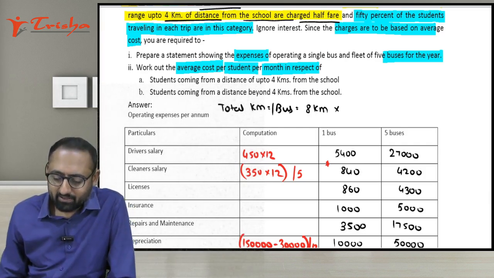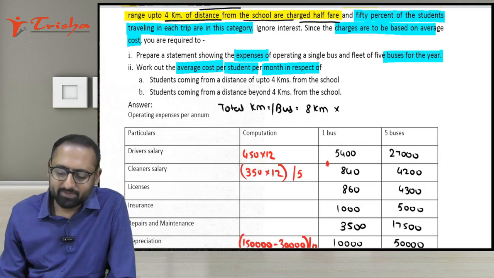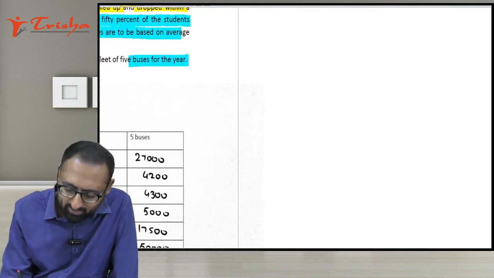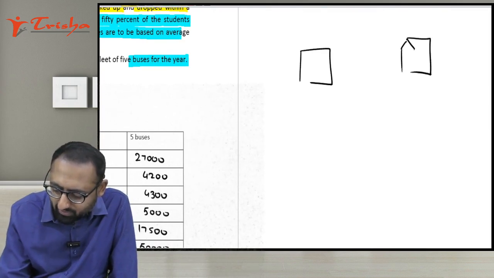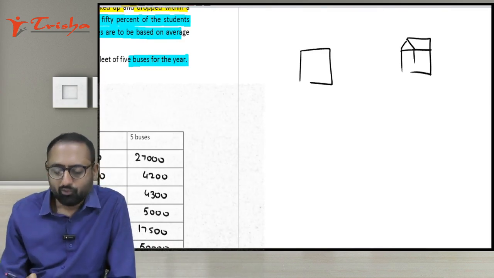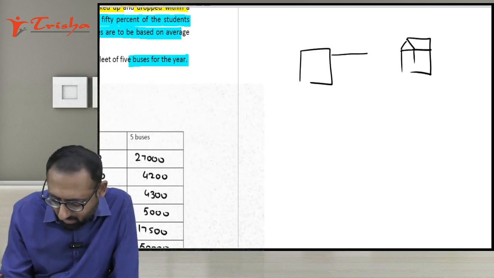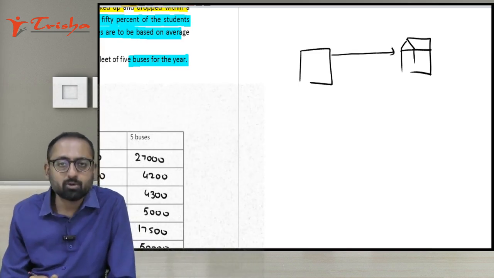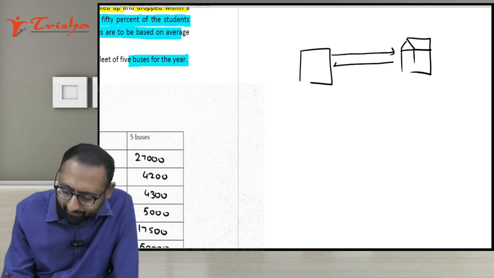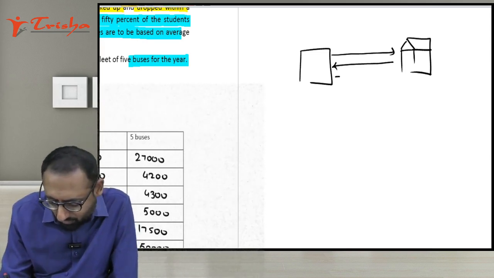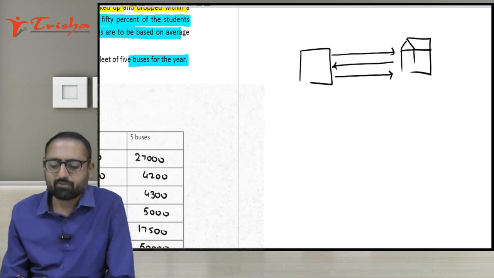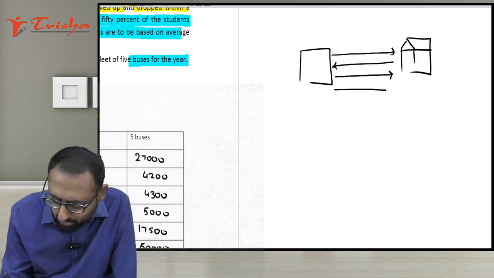But guys, check how many trips there are. Suppose this is a school, and this is the house of the student. First shift will take the senior students: the bus will go to the home of the senior student and come back. Then an hour later, the bus will go to the house of the junior student and come to the school.